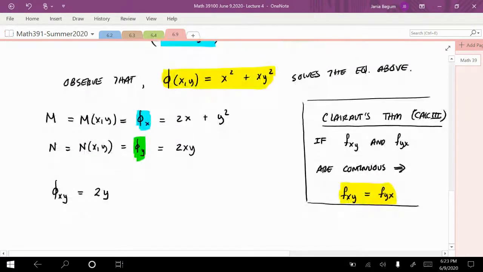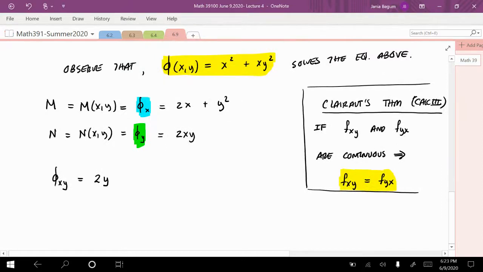Now I take phi of y and differentiate it with respect to x, because I want the second mixed partial. That gives 2y. So what do you say? They're equal.